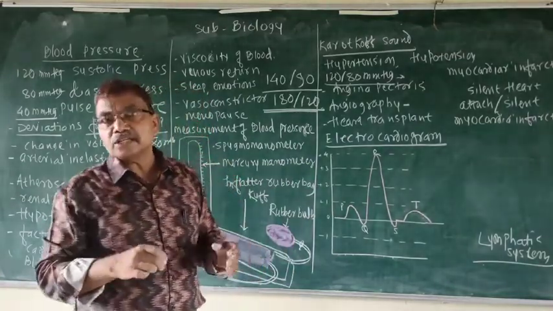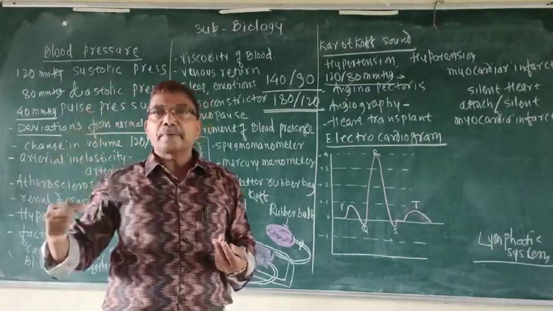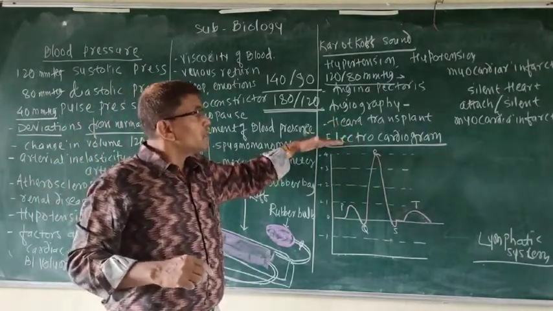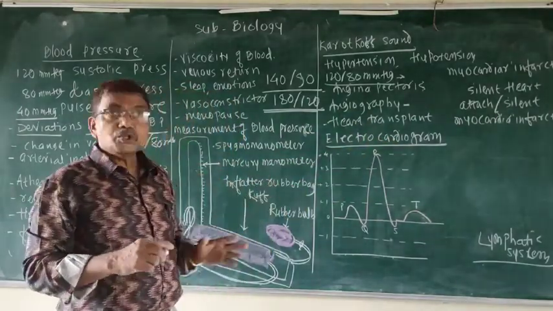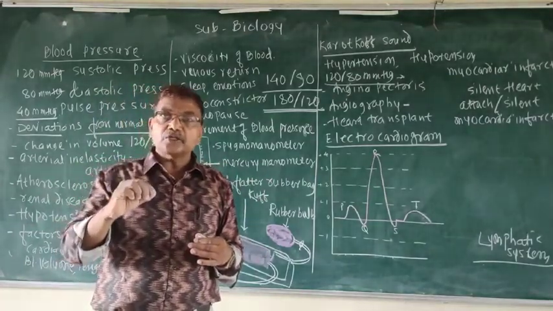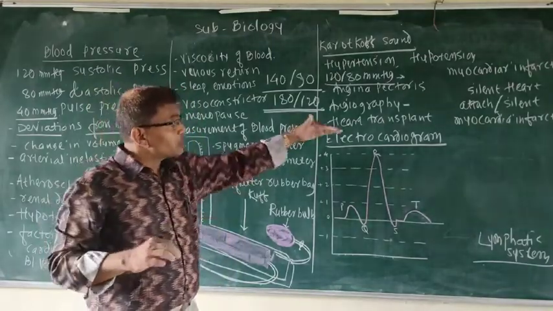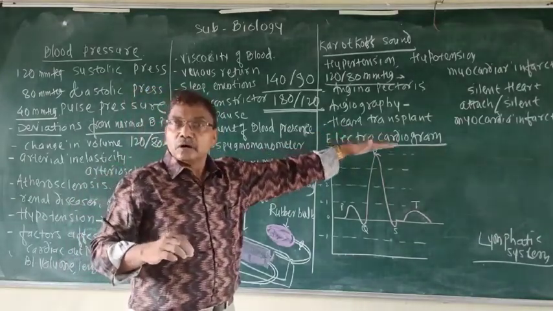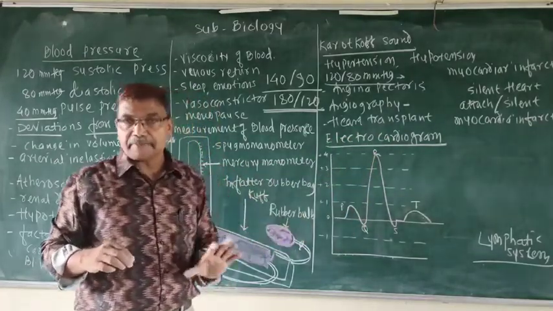That graph is represented on paper or on a display. So the graphic representation of the electrical variations created during propagation in the heart, from the surface of the body, is the electrocardiogram, and the recording instrument is called the electrocardiograph.